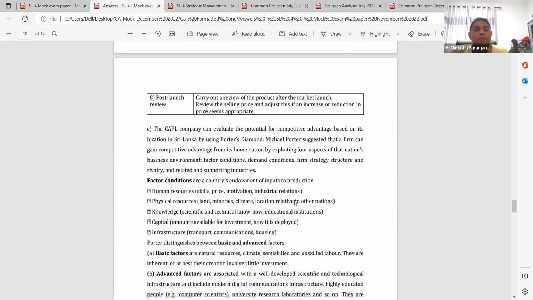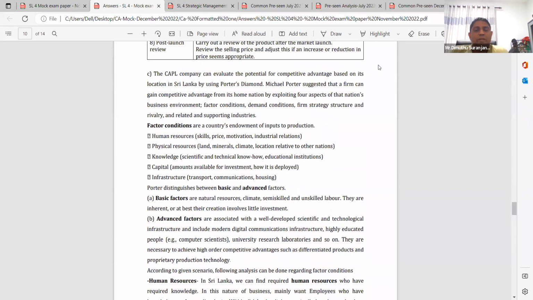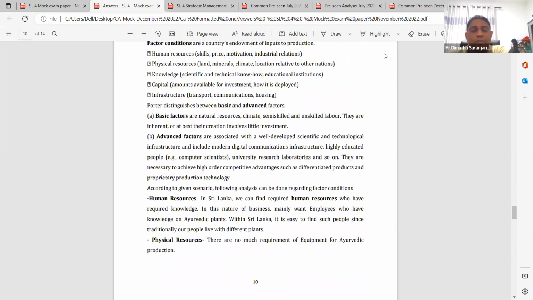So diamond model. What are the factors normally evaluated in the diamond model? There are 4 factors that determine the country's competitive advantage. Factor conditions, that means availability of production factors: human resources, knowledge, capital, infrastructure. For example, if you look at the case given here, in Sri Lanka we can find the required human resources who have the required knowledge.